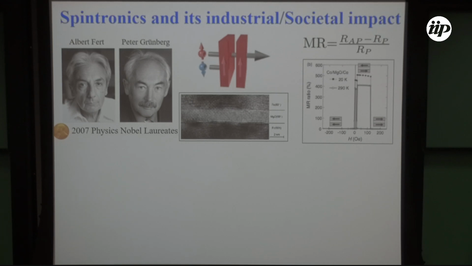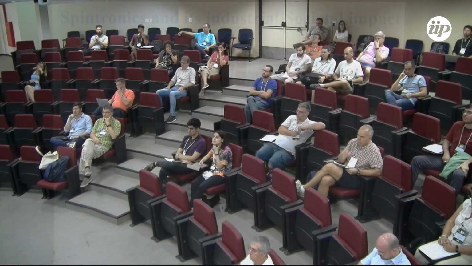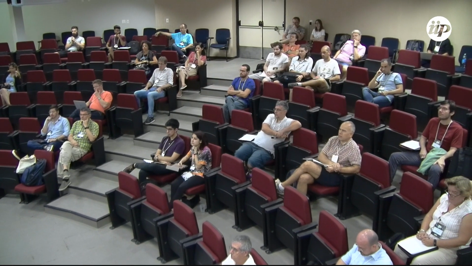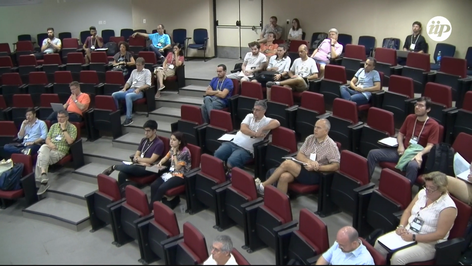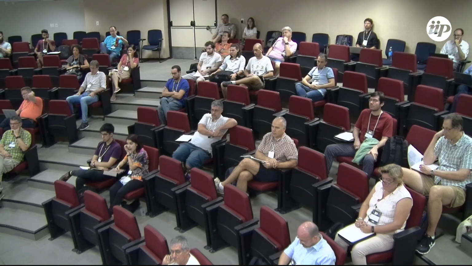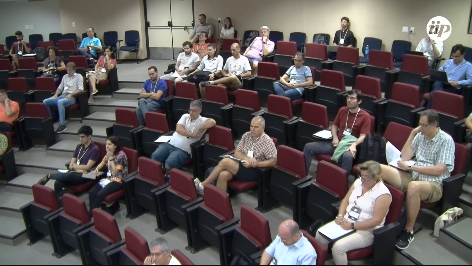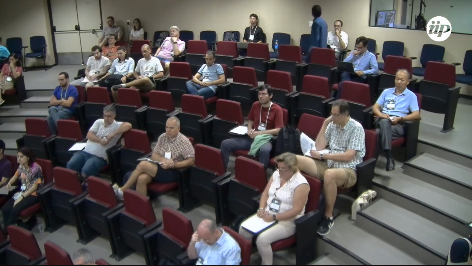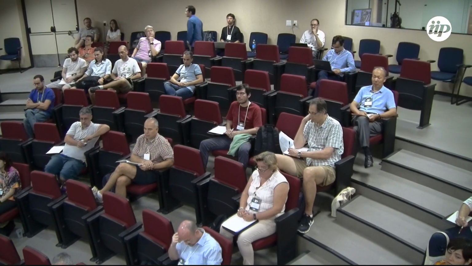Speaking about spintronics, this is the first slide in the presentation: the start of spintronics, which is due to these two gentlemen, Albert from France, who first made the prediction that when you have two magnetic materials and intercalate a non-magnetic material between them, you can tune the magnetoresistance of the junction just by changing the magnetization of the magnetic materials.